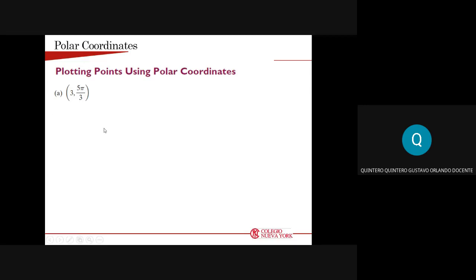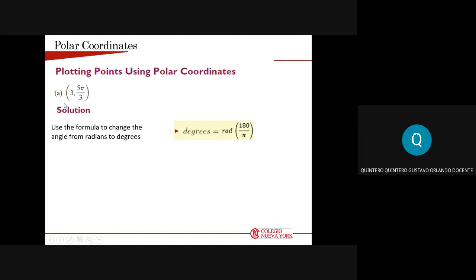Here is how we do it. First, we recognize that we don't know where 5 pi over 3 is located. So we change it to degrees. Here is the formula for converting radians to degrees, which we saw the last class.